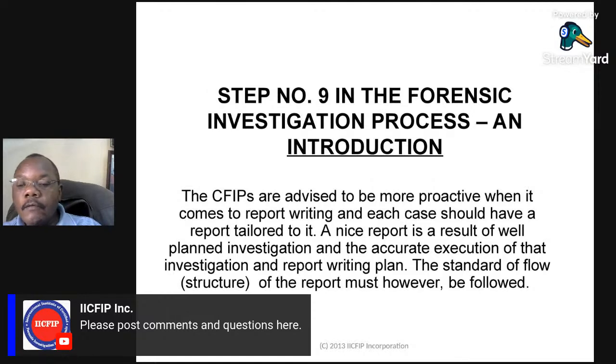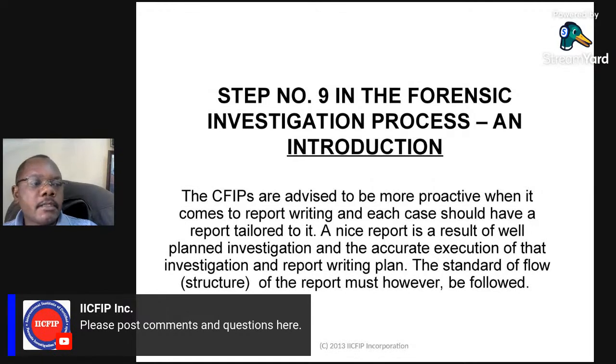The investigation professionals, the CFIPs, are advised to be more proactive when it comes to report writing, and each case should have a report tailored to it. The tailoring I'm talking about here is about the report content, not the report structure, because each and every case will have its own unique details.